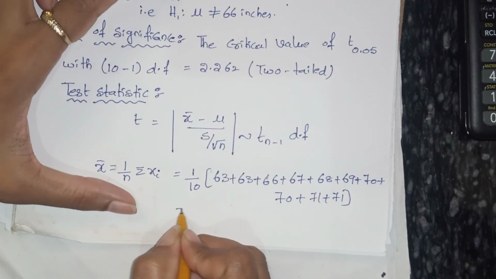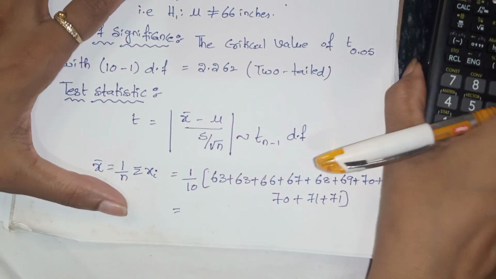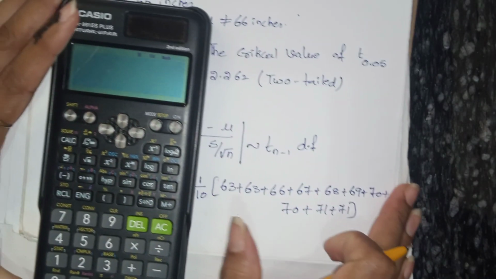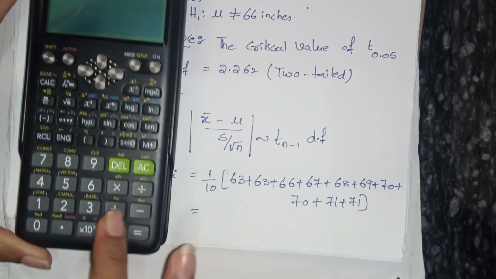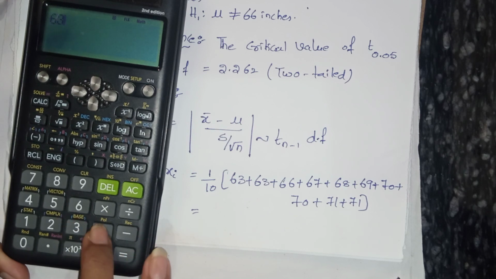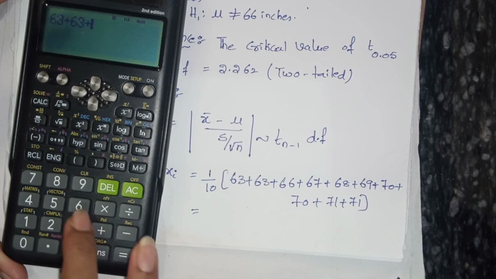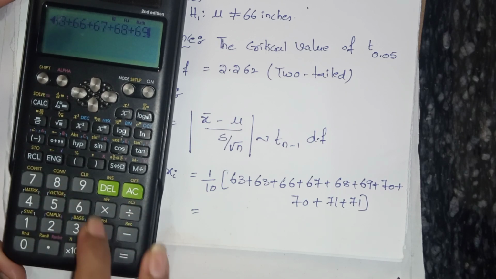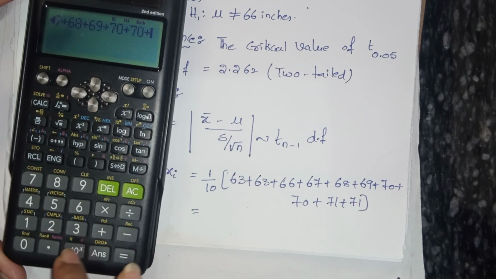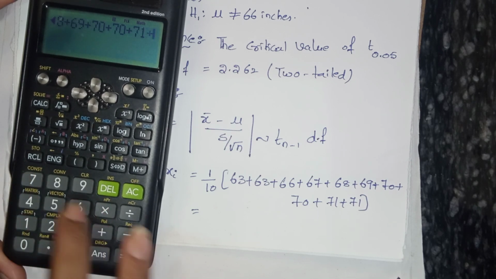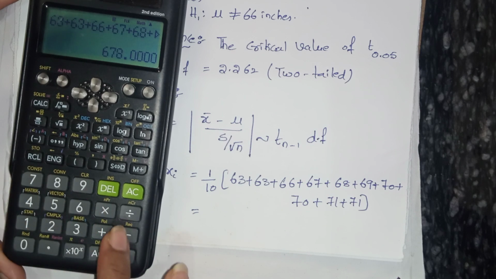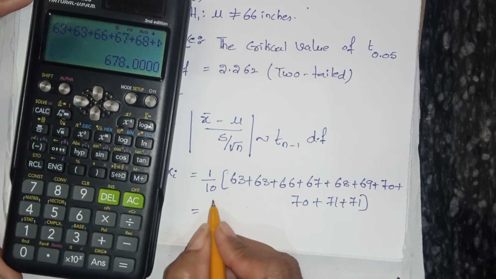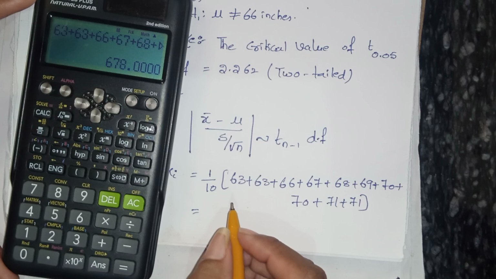So we'll add, and that equals 678. Okay, 678 divided by what?